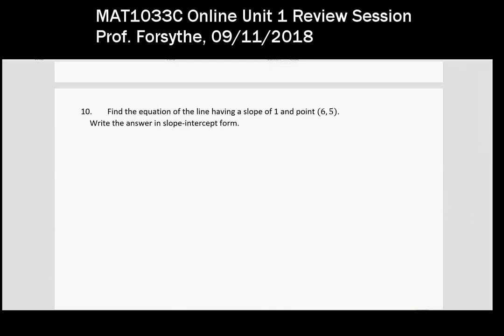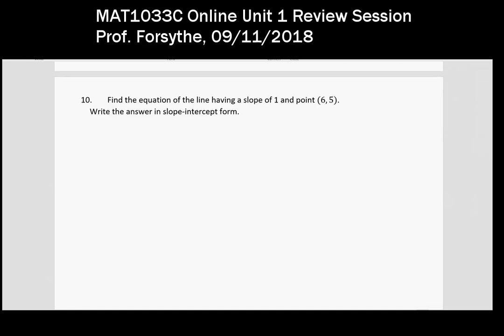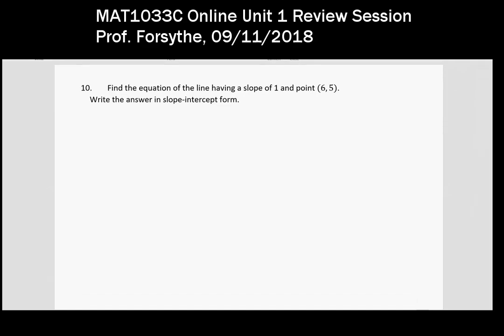All right, number 10. Find the equation of the line having a slope of 1 and a point (6, 5). Write the answer in slope-intercept form. There is a form that's helpful to use when you have a point and a slope, and that form is called point-slope form. Cool name.